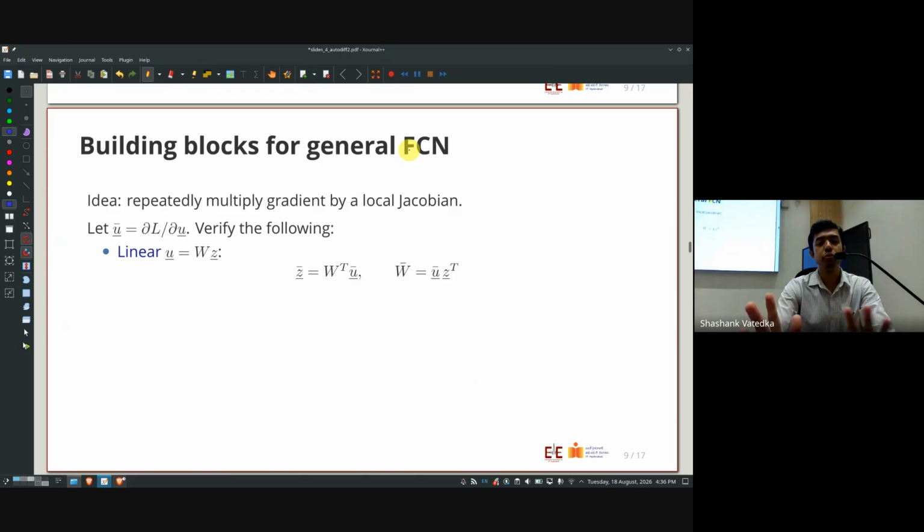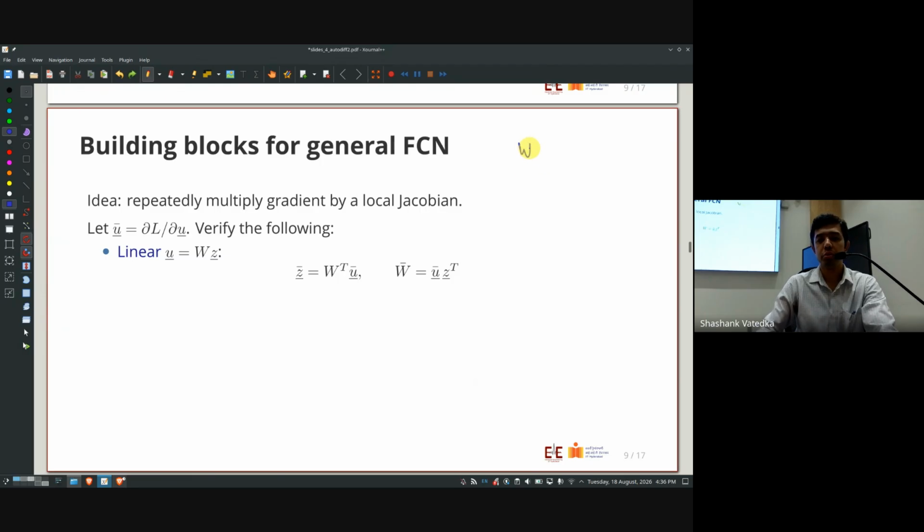And that's all there is, right? There are only a few types of operations that occur in fully connected neural networks. So in a fully connected network, what you can have is some W times Z, where W is the variable with respect to which you want to find the partial derivative.